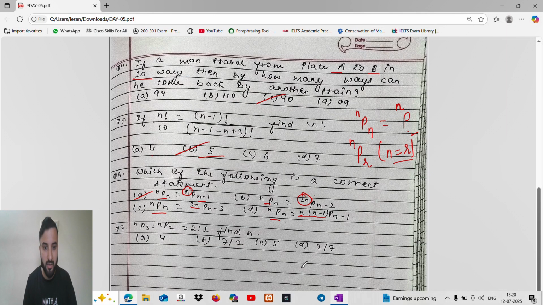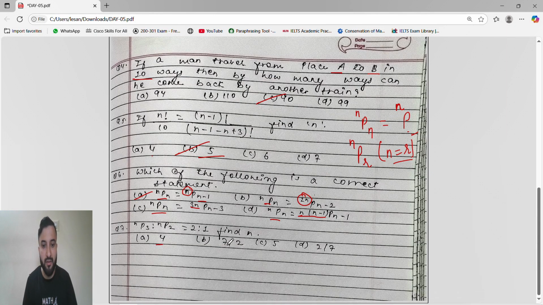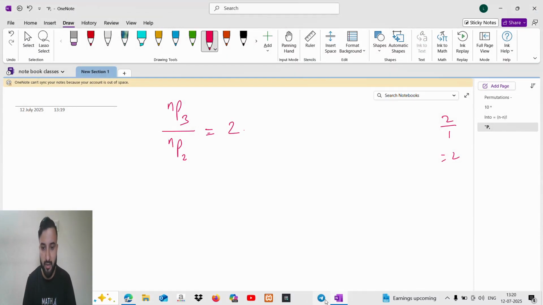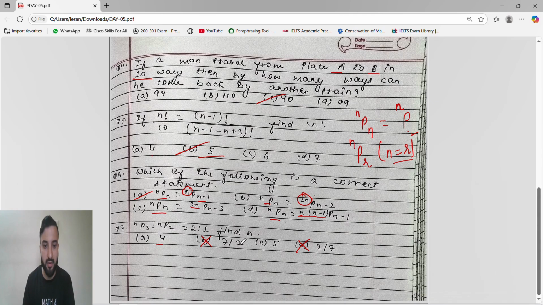So let's see. First we take 7 by 2. 7 by 2 is not possible, so directly we will cancel it off, because n can't be a fraction. Once you get 7 by 2, you get 3.5, and 3.5 factorial is not possible, so leave it off.